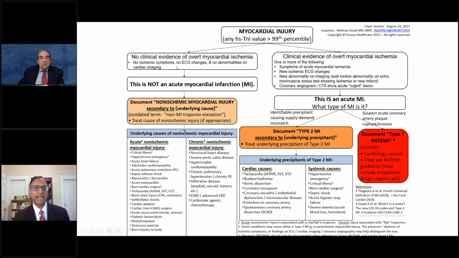If the patient does not have evidence of ischemia, it's not an acute MI, and we call that non-ischemic myocardial injury secondary to an underlying cause. The proper documentation is acute non-ischemic myocardial injury secondary to one of these underlying causes, or chronic non-ischemic myocardial injury due to one of these causes.